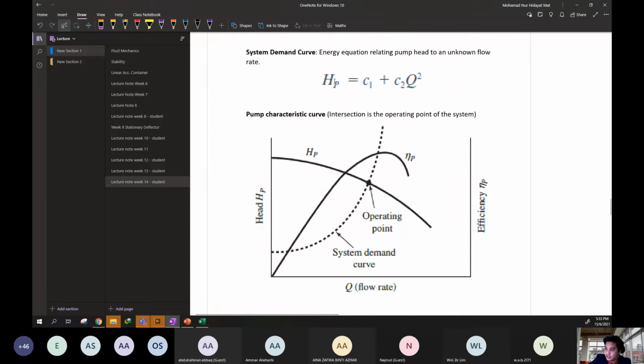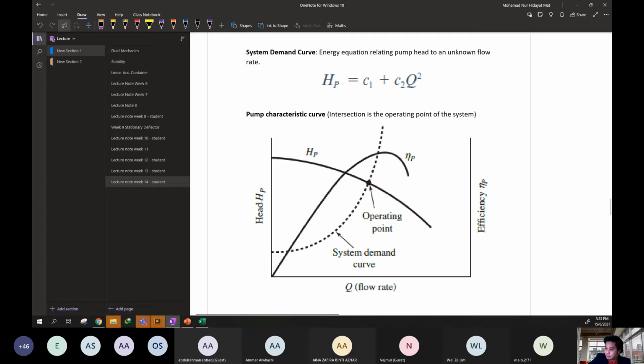This is the equation: head of pump equals coefficient 1 plus coefficient 2 times Q squared, C1 plus C2 Q squared. You can see this is the characteristic curve. This is the system demand curve, and this is the head of pump. It is quadratic.